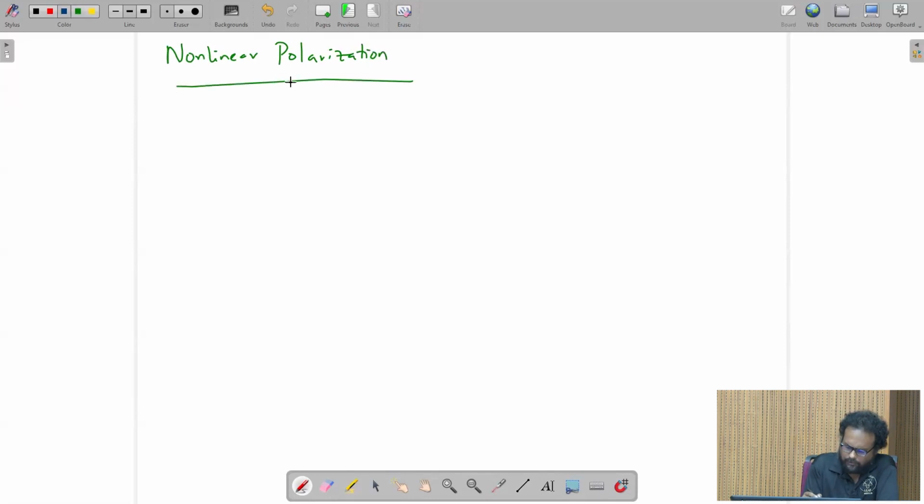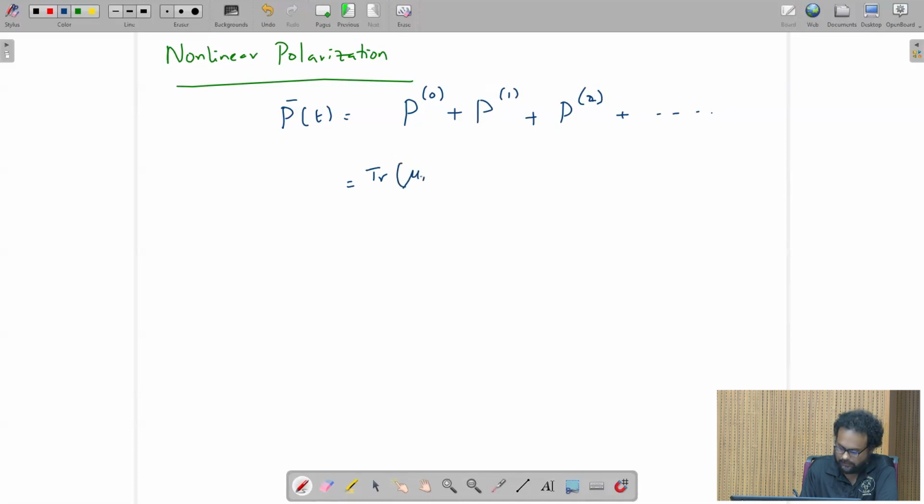Okay. So in nonlinear polarization, we know this. This is the most generic one. We have zero order, first order, second order, and so on and so forth. And we know now that these polarizations are given by the trace of the product of dipole moment and the density matrix in the interaction picture.